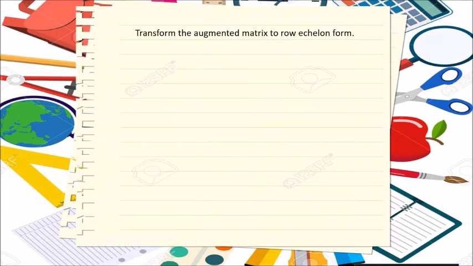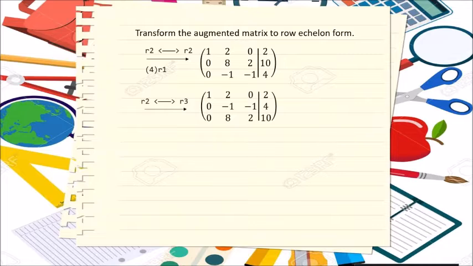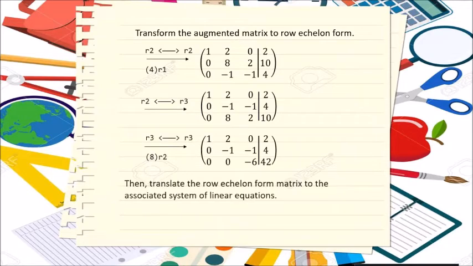Transform the augmented matrix to row echelon form, REF, by using elementary row operation, ERO. Then, translate the row echelon form matrix to the associated system of linear equations. x plus 2y equal to 2, negative y minus z equal to 4, and negative 6z equal to 42.